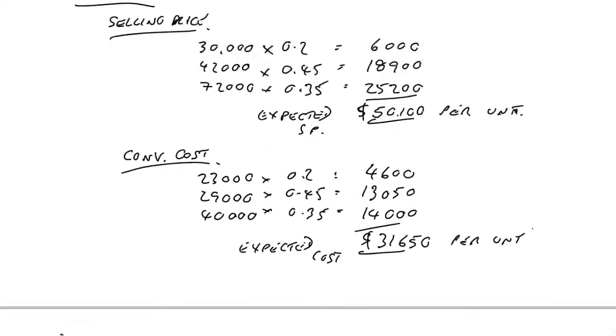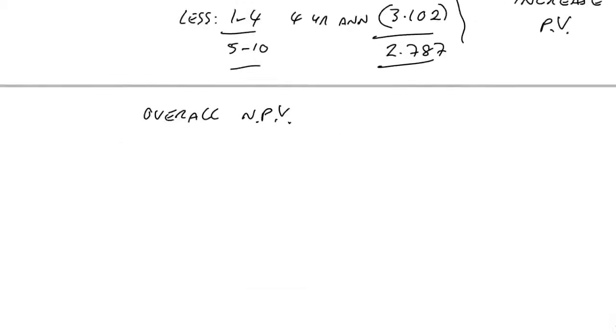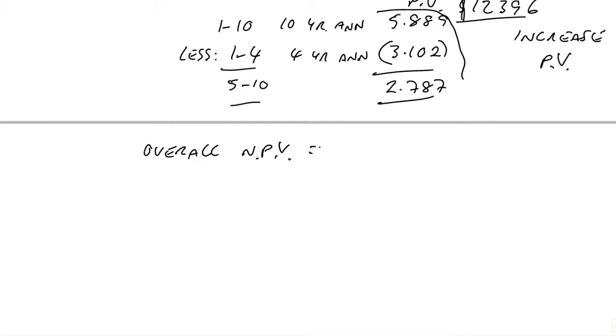Part A, first 4 years were minus 139. The others are plus 12,396, which means an overall NPV of 12,257.